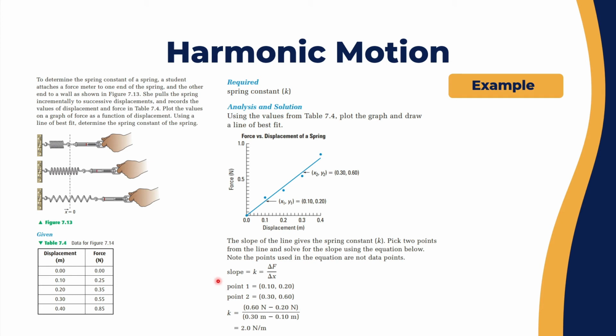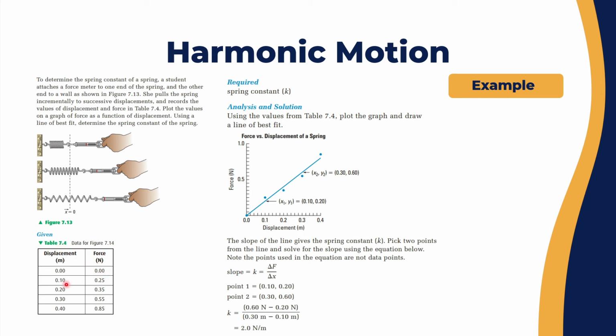Let's take an example. Determine the spring constant in which the student attaches a force meter to one end of that spring and the other end to the wall. Plot the values on the graph of force as a function of displacement using a line of best fit. Determine the spring constant. We have to find the spring constant. That's our table, force versus displacement.